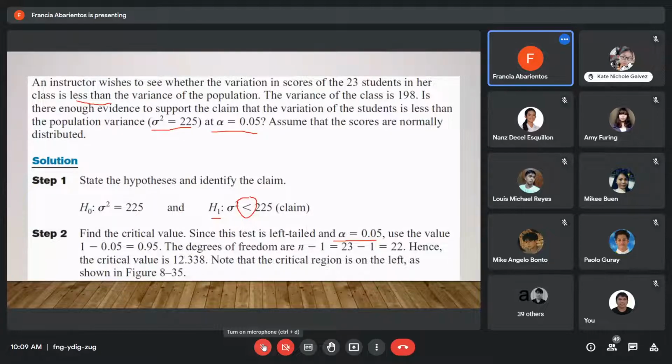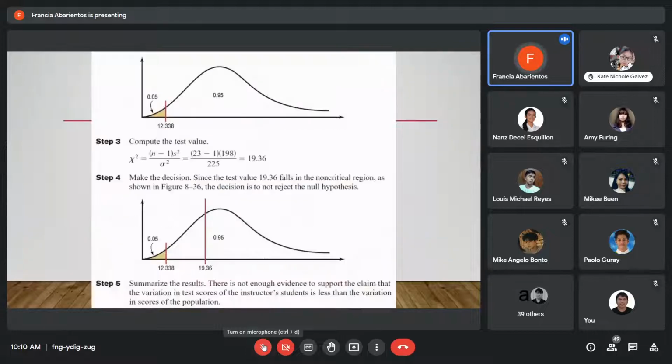Bakit kaya nag-minus 1 dito? 0.95. Okay? So, the degree of freedom now is n minus 1. So, 23 minus 1 is 22. Since the critical value of that is 12.338, so note that the critical region is on the left, as it is shown in the figure.